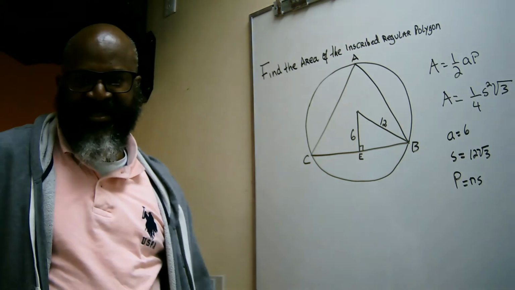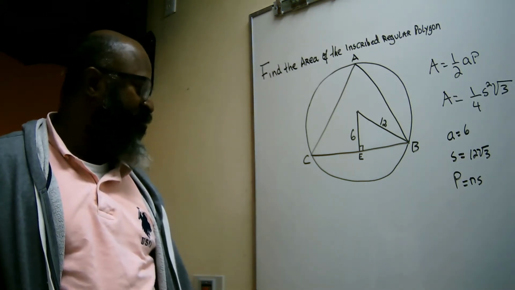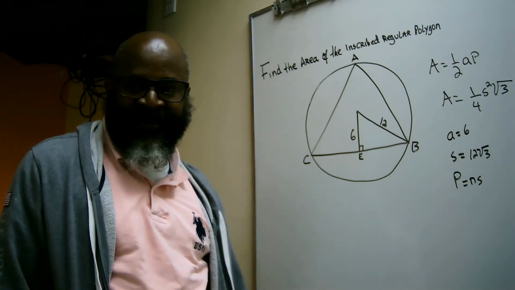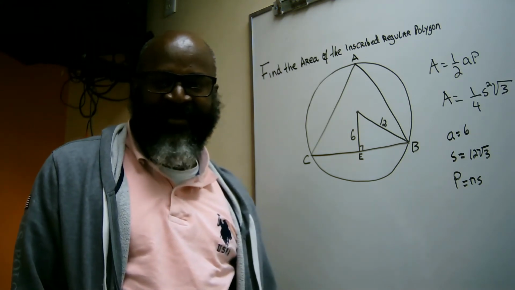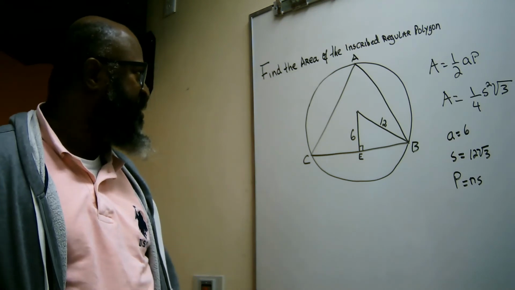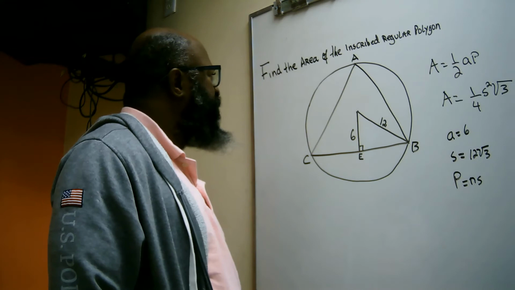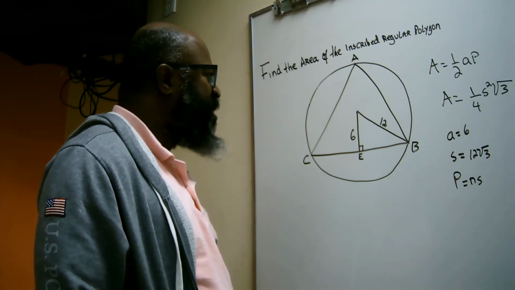Alright, we're back on how to find the area of any inscribed equilateral polygon. So remember, in order to be a regular polygon, it also has congruent sides and congruent angles. Since in this example, it's an inscribed regular polygon, we are dealing with an equilateral triangle.